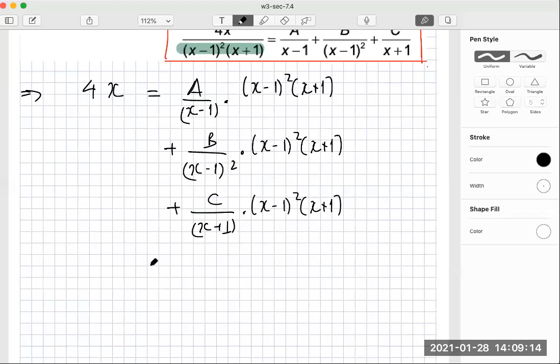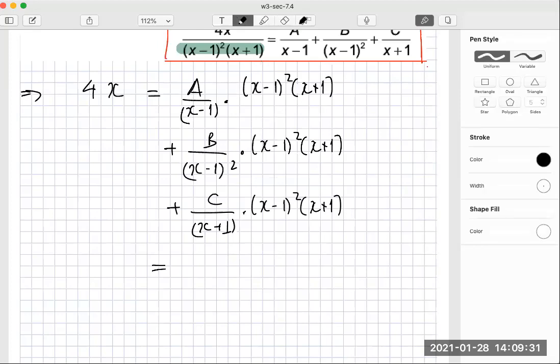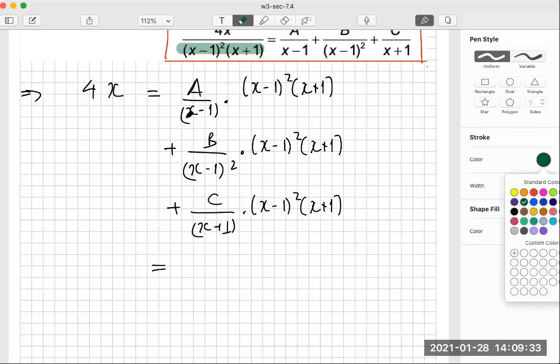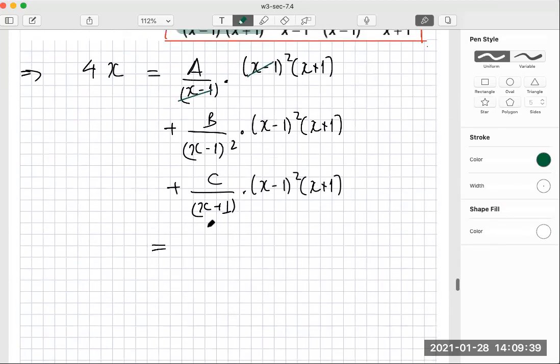Then we simplify it, right? In this way, x minus 1 squared is x minus 1 times x minus 1, right? So we cancel one of them with one of them here. So what is left here? First term.